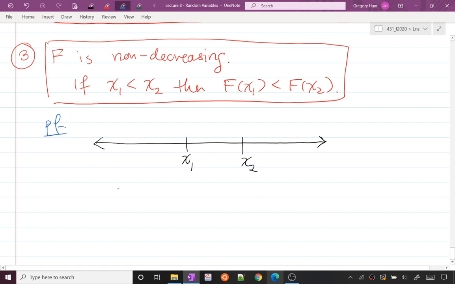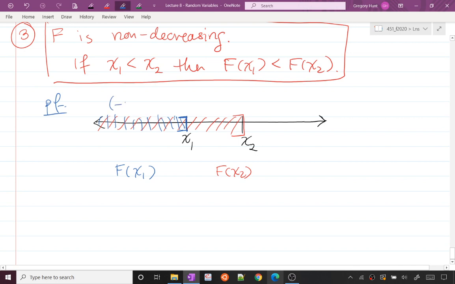If I look at F of x1 and F of x2, let's write F of x2 in red. F of x2 is basically the probability that my random variable lies to the left of x2. And F of x1 is the probability that my random variable X lies to the left of x1.